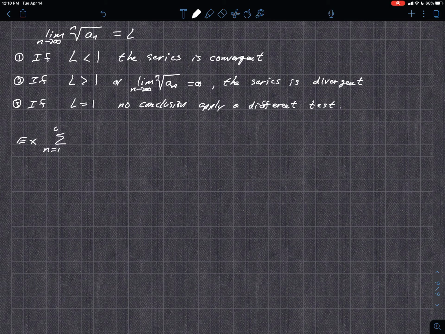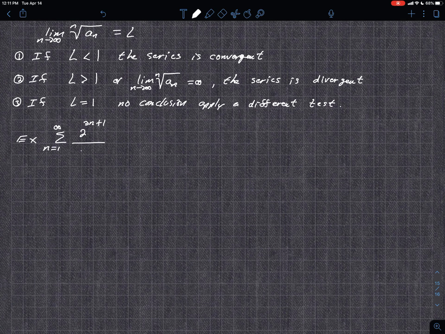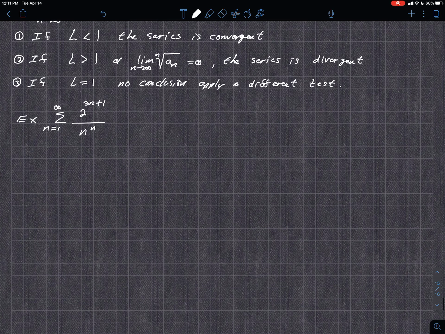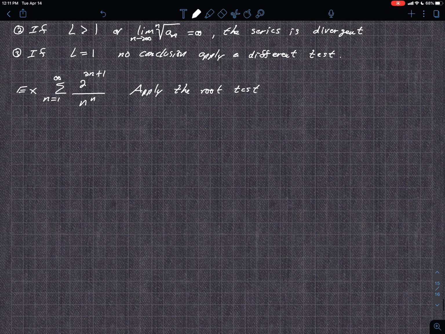So determine if the series from 1 to infinity of 2 to the 3n plus 1 over n to the n converges or diverges. In this case, I'm going to tell you to apply the root test.